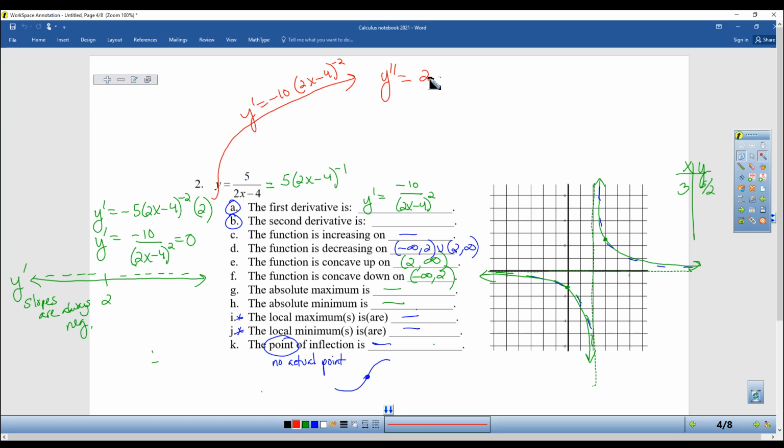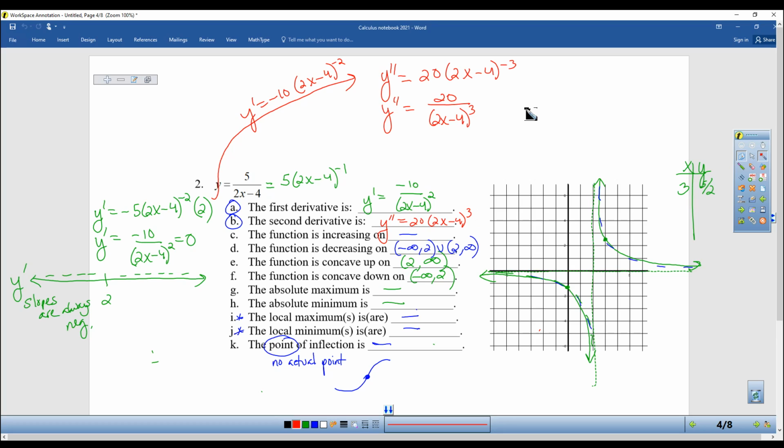So y double prime is 20 times 2x minus 4 to the negative 3. So y double prime is 20 over 2x minus 4 cubed. But since I have a narrow line, I'm going to leave it as 20 times 2x minus 4 to the negative 3.